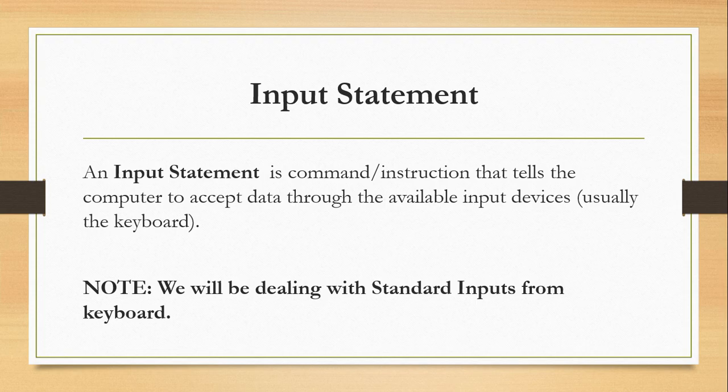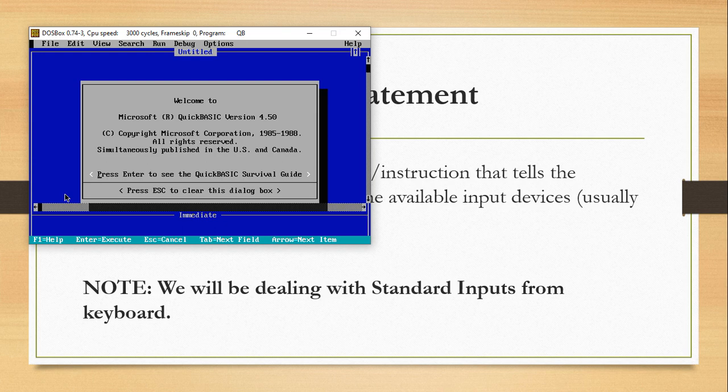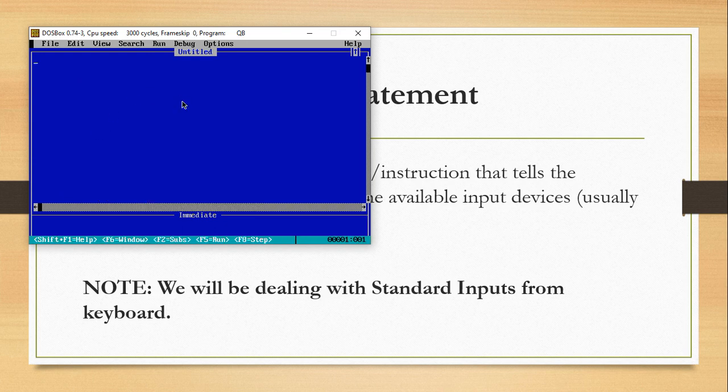Now we're going to see the program in the different programming languages we've been using. I'm going to start from QBasic as usual. So let me launch my QBasic. Okay, this is my QBasic environment. Before I do this, let me open Notepad so that you see the syntax clearly.